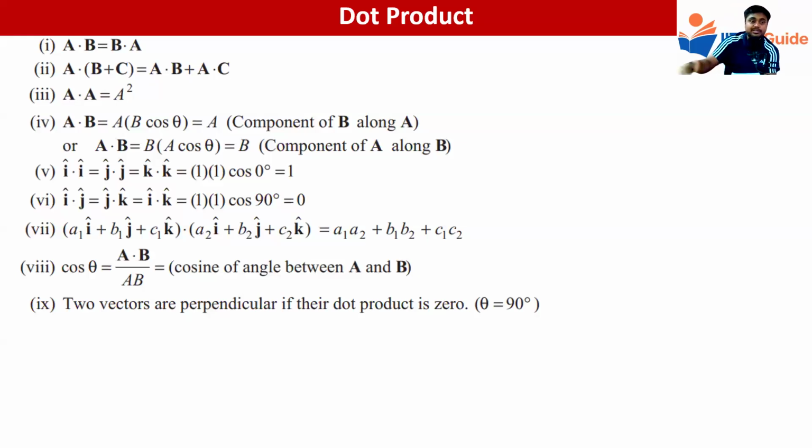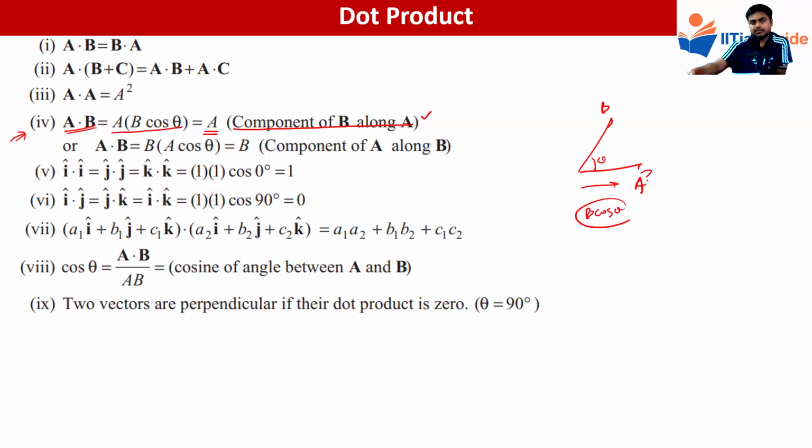And the fourth point is very interesting. A dot B is AB cos theta, or we can write it as A multiplied by the component of B along A. So for example, A is like this, B is this. The component of B along A is going to be B cos theta. So therefore AB cos theta. Or we can even write it as, so this is B, this is A, this is theta.